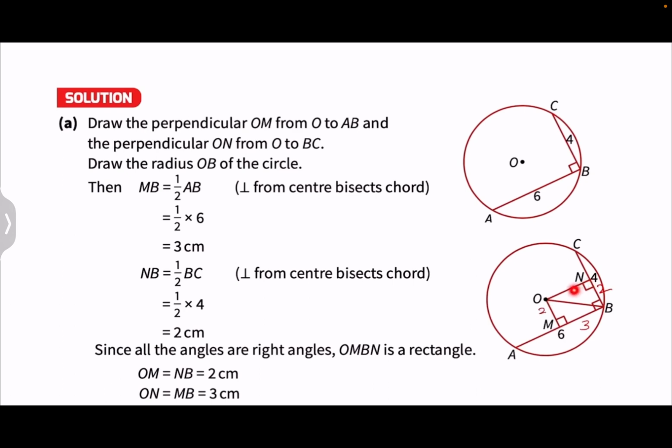ON, which will then be equal to MB, will be 3 cm. So hence, the distance of O, the center, to chord AB will be 2 cm, and the distance of O, the center, to chord BC will be 3 cm.